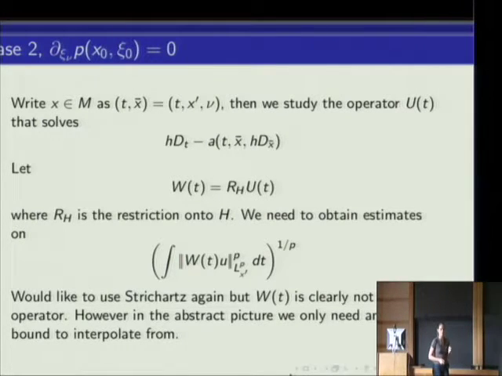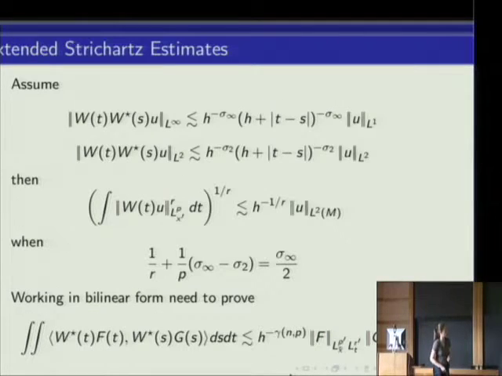What matters is that you have an L2 bound to interpolate from. So instead of assuming unitarity, we're going to assume an L2 bound to interpolate from, and we'll assume one of a similar form for the L1 to L infinity bound. Now these two assumptions come out in a symmetrical format. They both have some t minus s decay. Under these assumptions, you get the same sort of mixed space-time estimate under a slightly different governing equation.